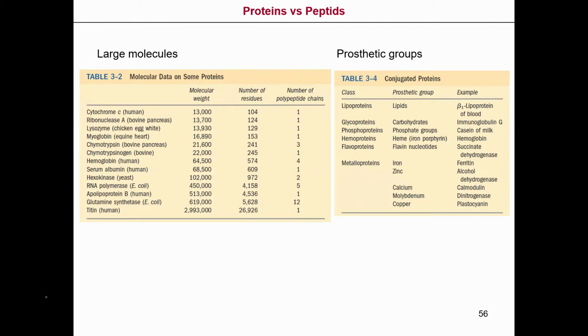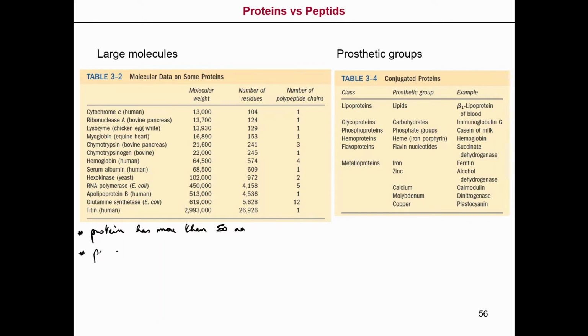So usually a protein has more than 50 amino acids, and peptides have less than 50 amino acids. It can be a definition. The other definition is more biological.